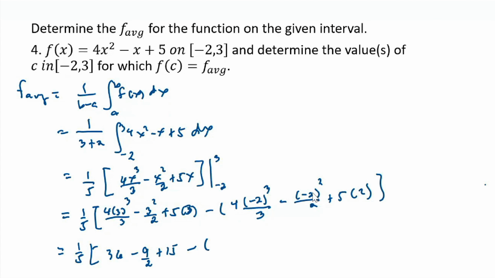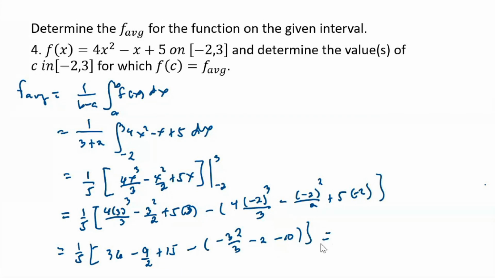Minus the cube of negative 2 is negative 8, negative 8 times 4 is negative 32, so we have negative 32 over 3. The square of negative 2 is positive 4, divided by 2 is 2, times negative is negative 2, and this is negative 2 because of the lower limit. So 5 times negative 2 is negative 10.